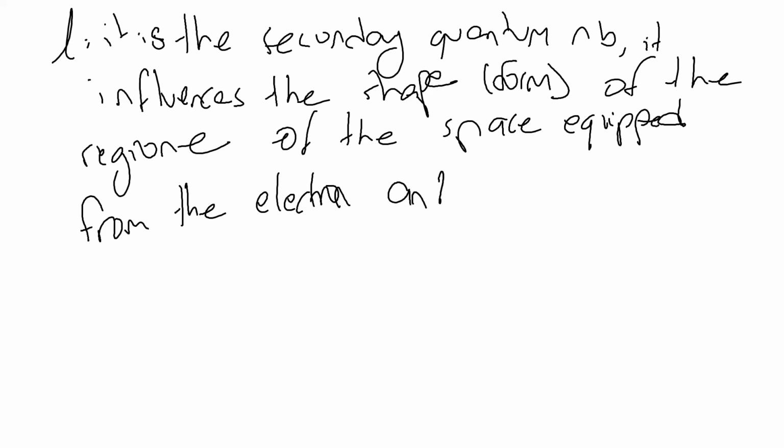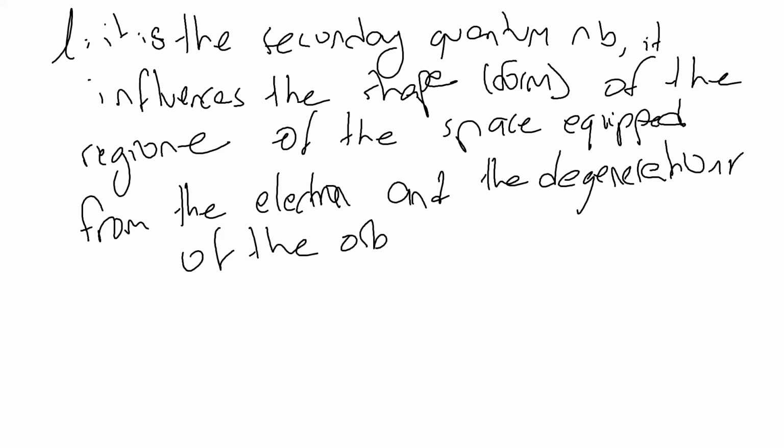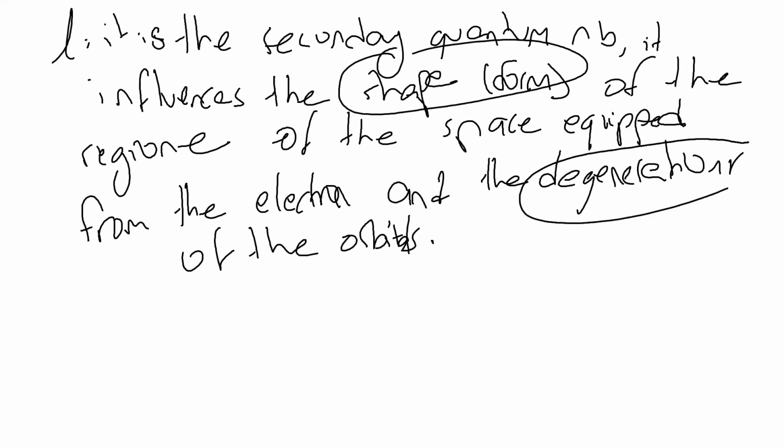So it influences the shape or the form of the region of the space occupied by the electron and the degenerations of the orbital.